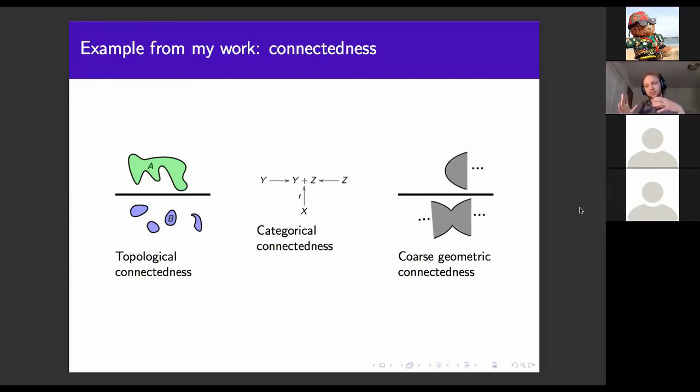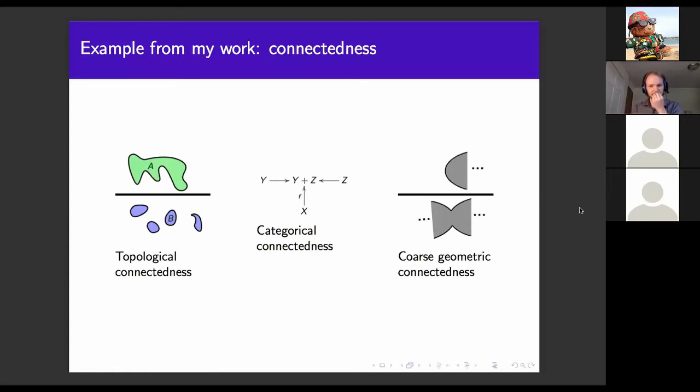So the precise definition of it is that your objects are metric spaces and your maps are bornologous maps with an extra condition that if bornologous maps are close, if their values differ by a bounded amount, then you identify them. And if you take that category, you check that it's a category, but it is, and you take your notion of categorical connected object and you look inside the coarse category, you can actually write down very specifically what things are connected. And that's how I came up with the definition.